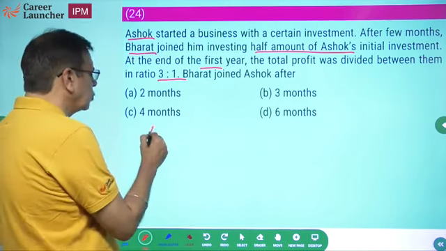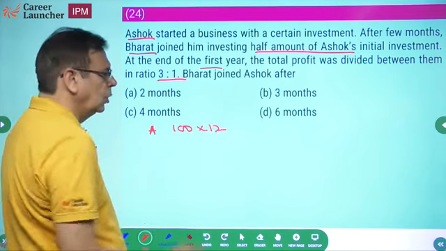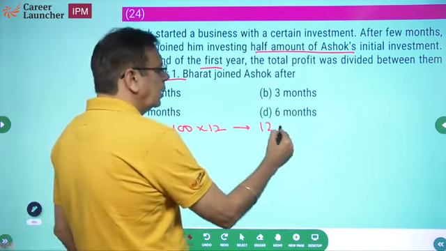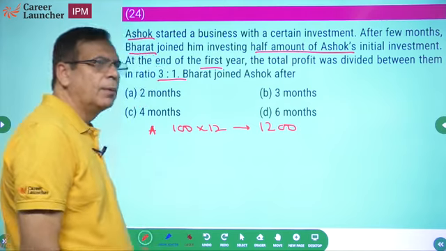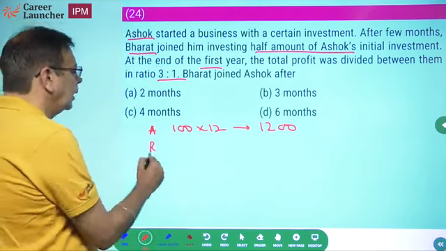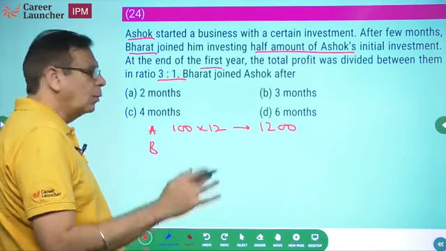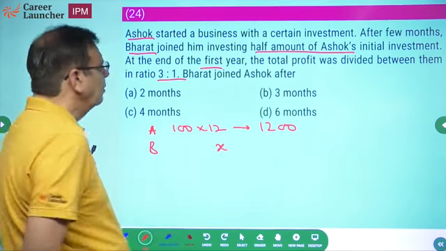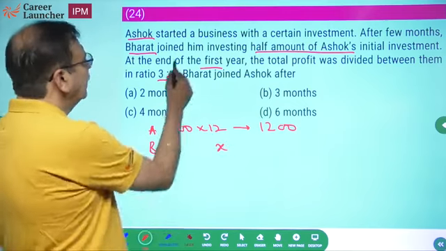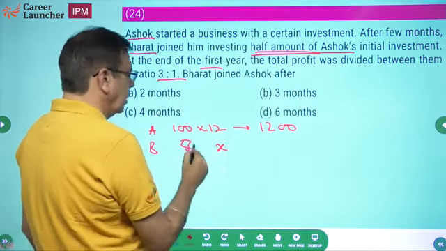So let me assume Ashok invested 100 rupees and he invested for 12 months. So his total investment is going to be 1200 rupee months. Bharat joined him, let me say, after whatever time, and he was there for x months. His investment is half the amount of Ashok, 50.